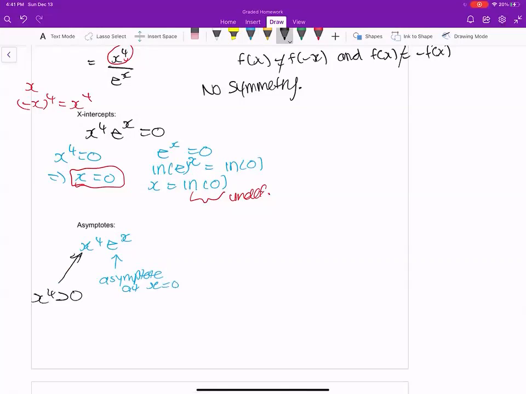If you think about this logically, x to the power of 4, as we said before, is always greater than 0 for all x. For any value of x, whether a negative or a positive number, it's going to be positive. So a positive number times e to the power of x, which is always above the horizontal axis, is going to remain above the horizontal axis. The horizontal asymptote will remain.